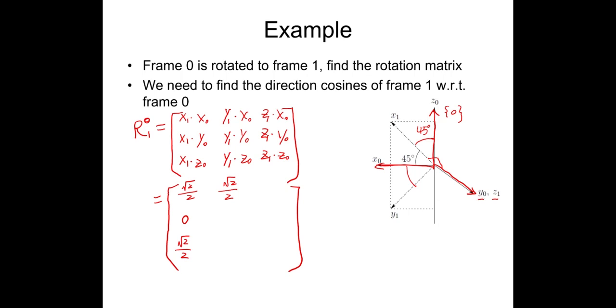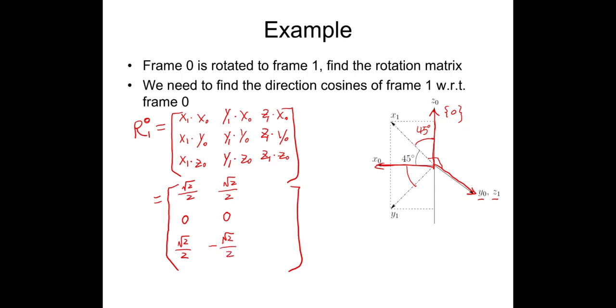So cosine 90 is 0. And next is y1 and z0. z0 is here, so that angle is 90 plus 45, that is 135. Cosine 135 is minus square root 2 over 2.